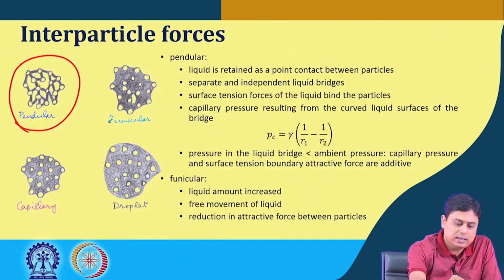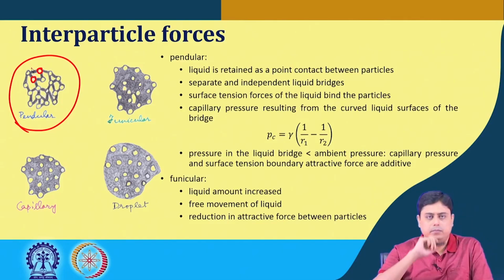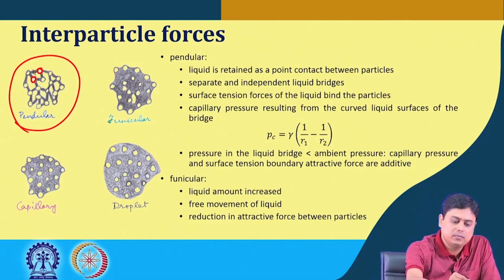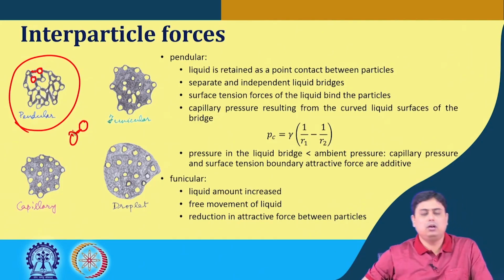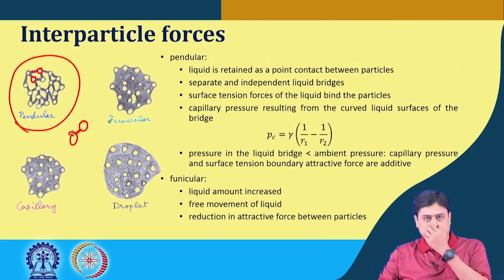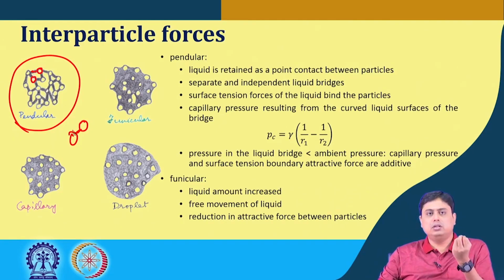So, these empty circles are the particles, and in between we have the point contact of the liquid, which acts as a liquid bridge. The liquid is basically stuck between these two particles, which in fact acts as a binder.